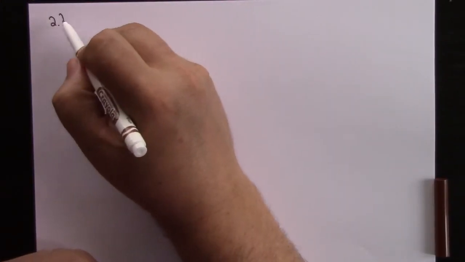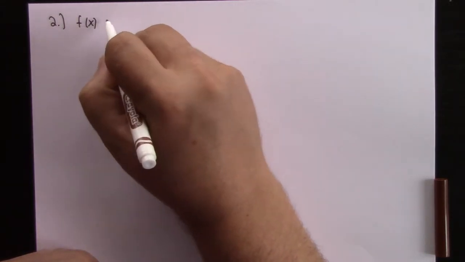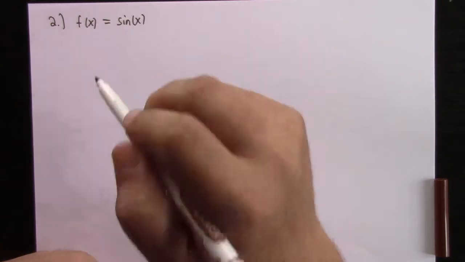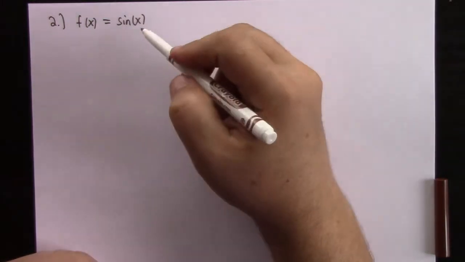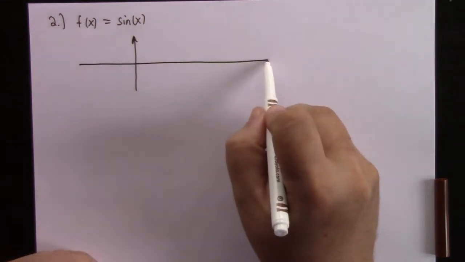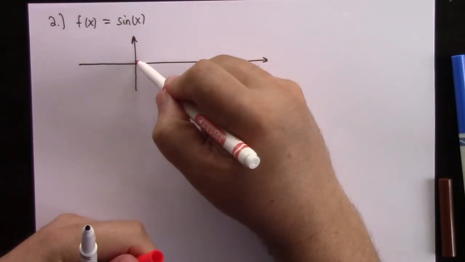The next standard example is something like f of x equals the sine function. What's sine of x? I'm just going to introduce it by its graph. What does the sine function look like? It looks like this.